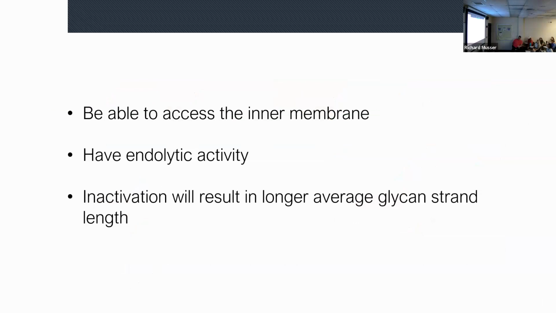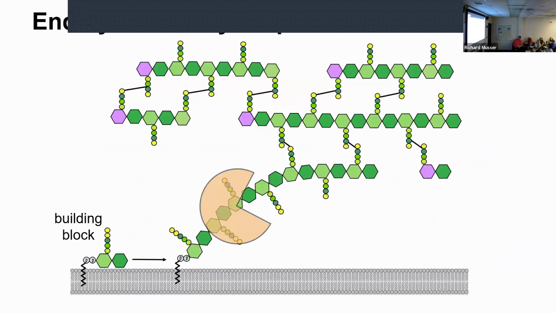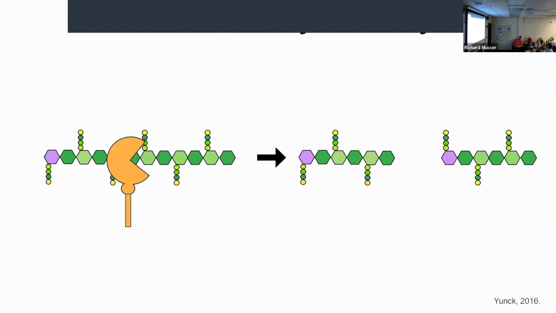So our next is endolytic activity. It needs to be able to cleave within that nascent glycan strand to release it, because the end of that strand is anchored into the inner membrane, and it cannot, as a result, chew from the end. It comes in, it cuts in the middle. MltG has endolytic activity. This was determined by Rachel Young, who also discovered MltG.